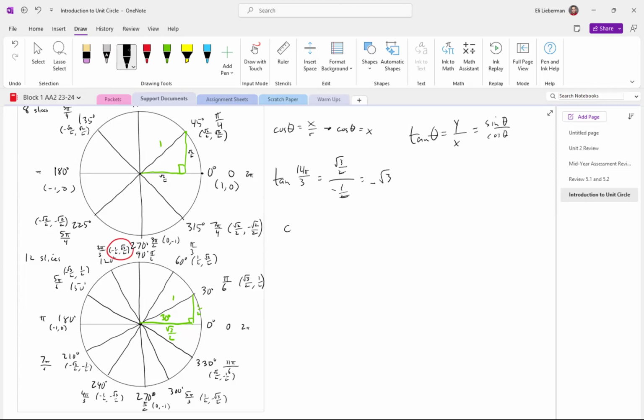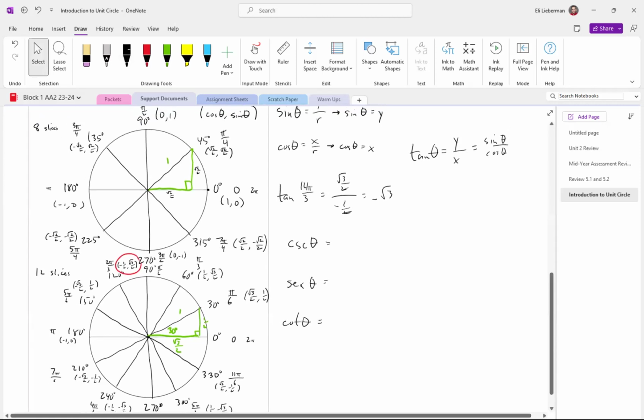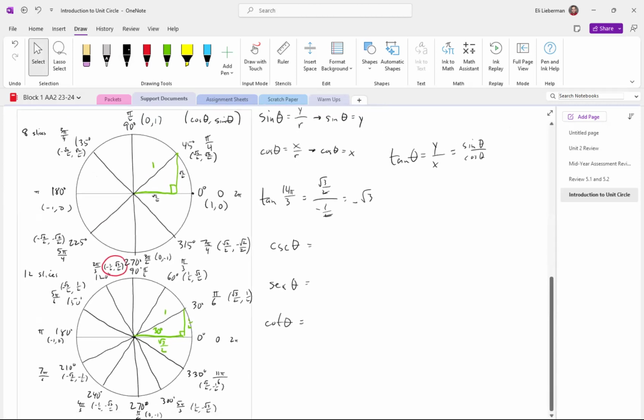How would you get cosecant of theta, secant theta, and cotangent theta? Cosecant theta is from the unit circle.